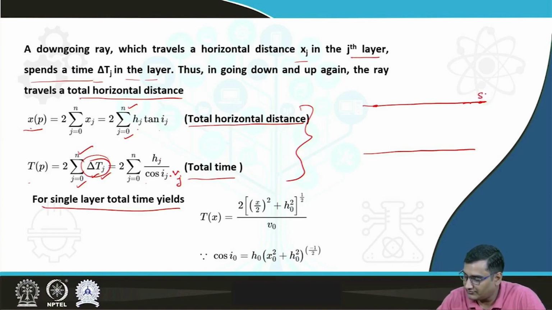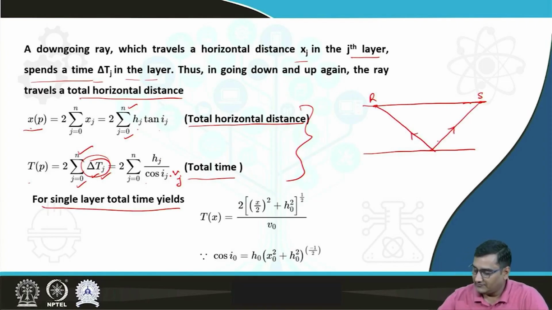For a single layer, the ray will go down, be reflected at the interface and be recorded at the receiver, and this is the angle of incidence, I, or since n is equal to 0, it will be I naught.